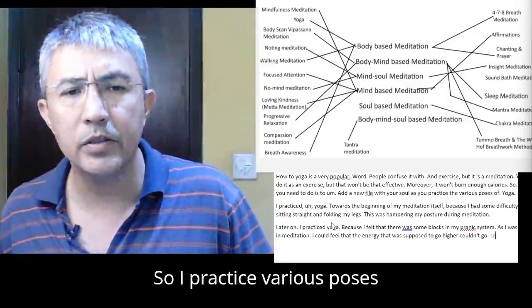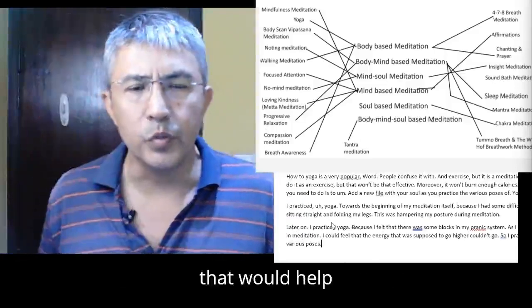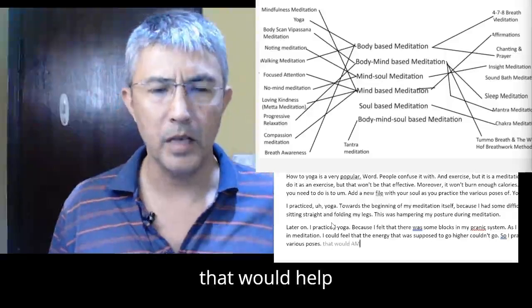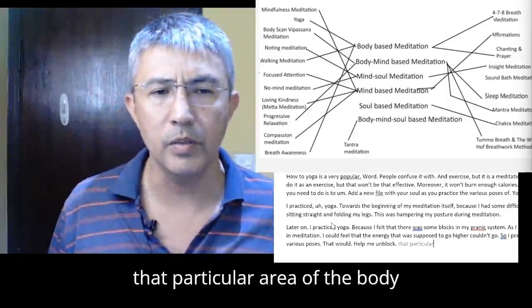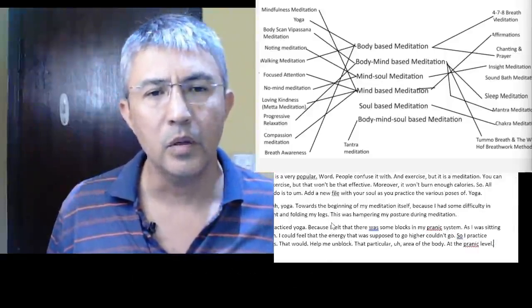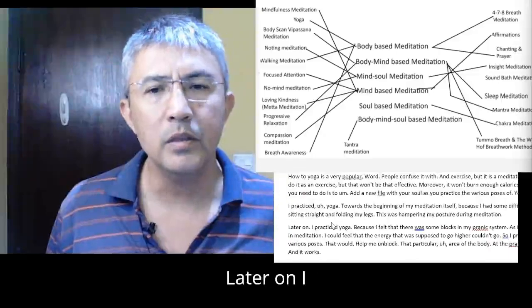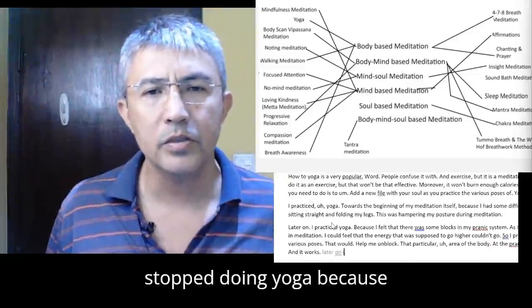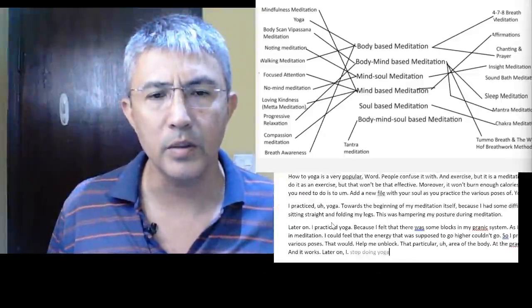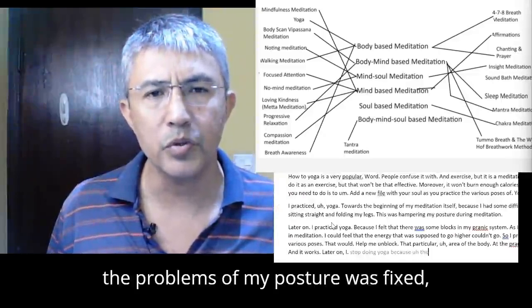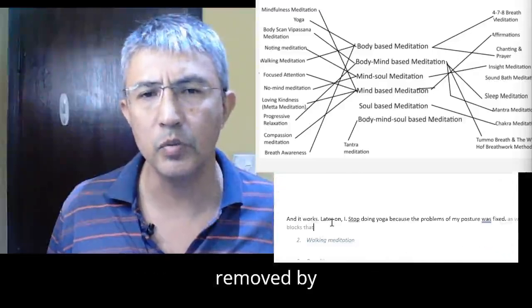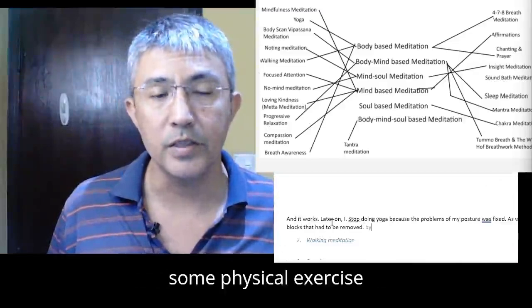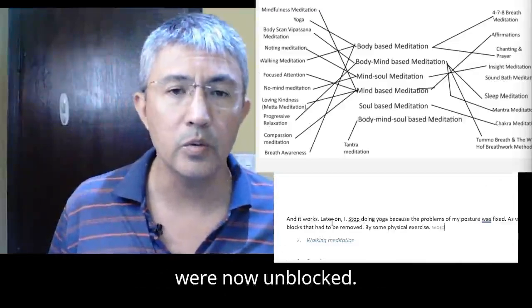So I practiced various poses that would help me unblock that particular area of the body at the pranic level, and it works. Later on, I stopped doing yoga because the problems of my posture were fixed, as well as the blocks that had to be removed by some physical exercise were now unblocked.